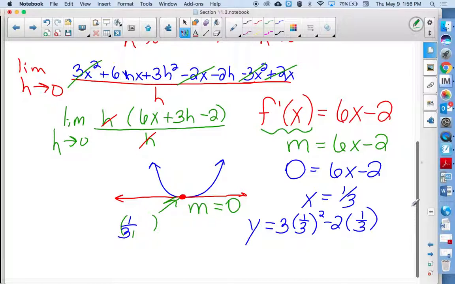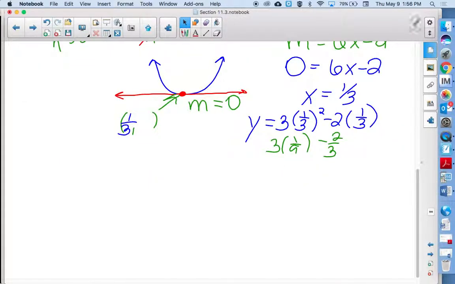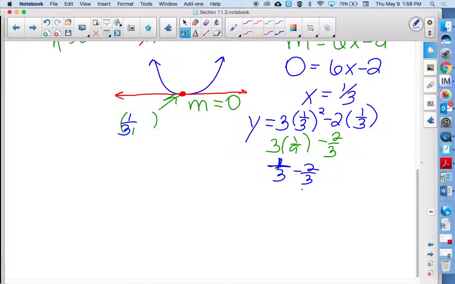So we know it's 1/3. Doing a little bit of mental math here, 1/3 squared is 1/9. 1/9 times 3 is 1/3 minus 2/3. That's sloppy. Michael, what is 1/3 minus 2/3? Negative 1/3. Yeah.